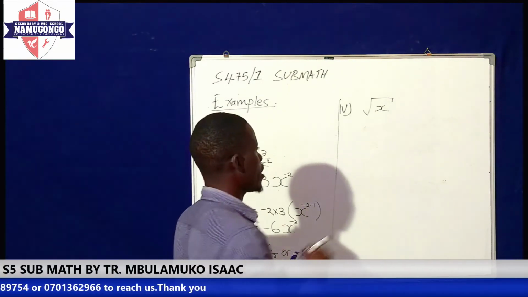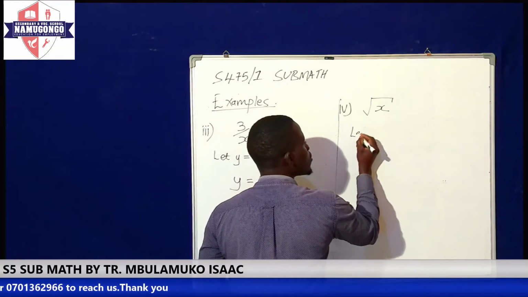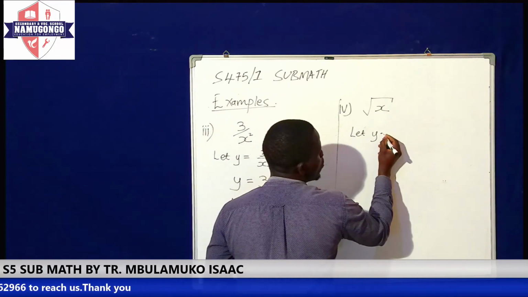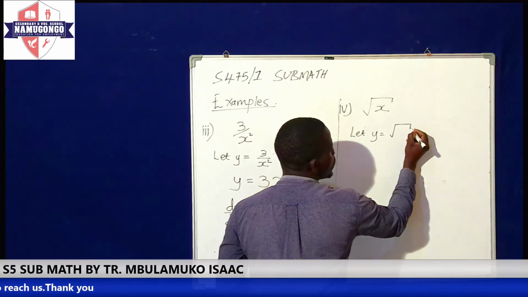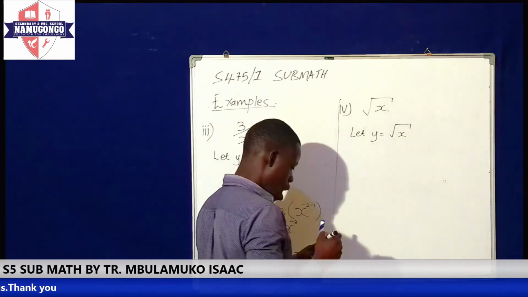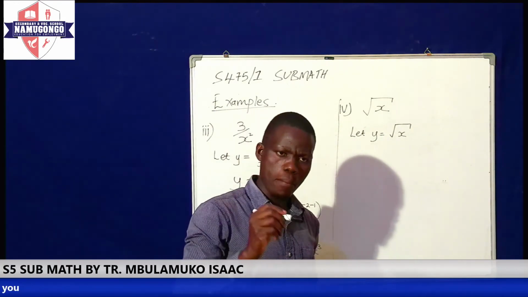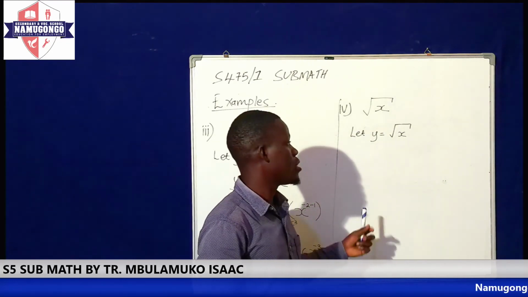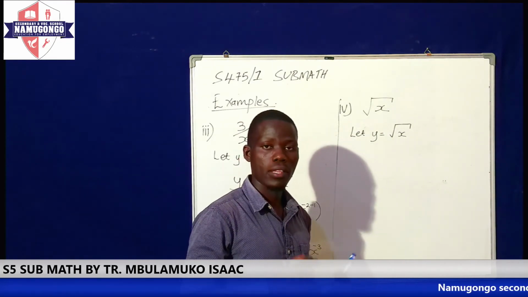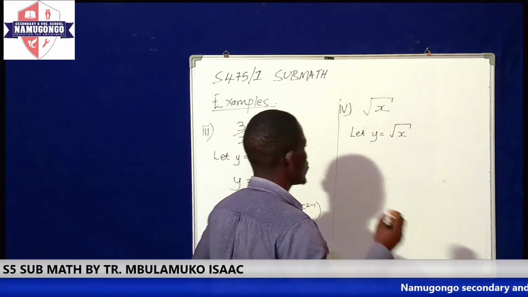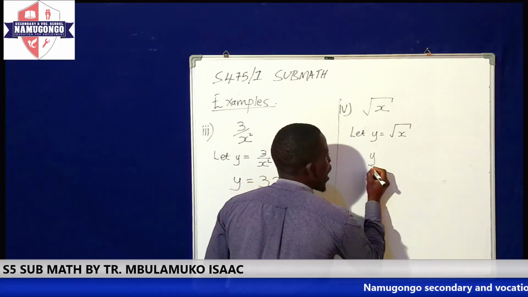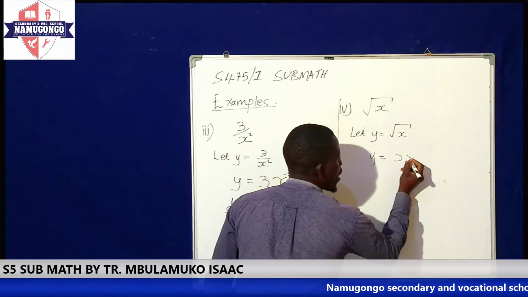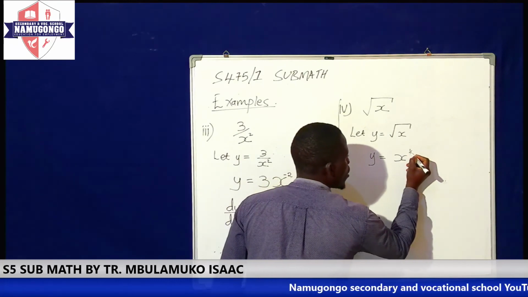So similarly, you will first let y equal to root of x. Now, in indices, any number that we are getting a square root of is the same as raising to the power half. So this is the same as y is equal to x to the power a half.